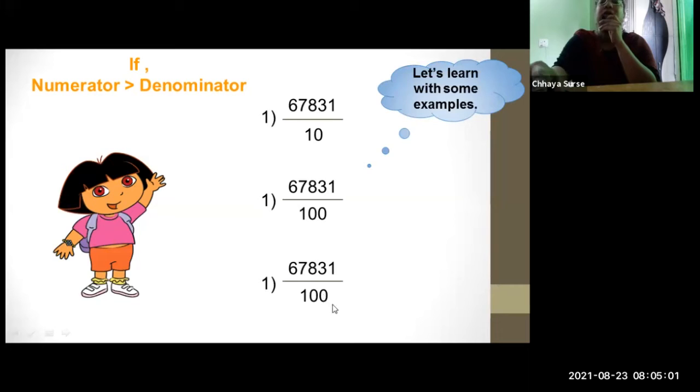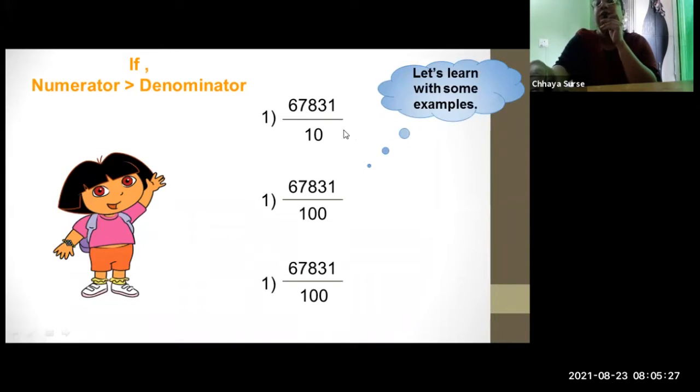The next one is 67,831 upon 1000. Here by mistake I wrote 100, so 1000 is here. Clear? This is the numerator, this is the denominator. So how to convert? Now we are converting this common fraction into a decimal fraction.